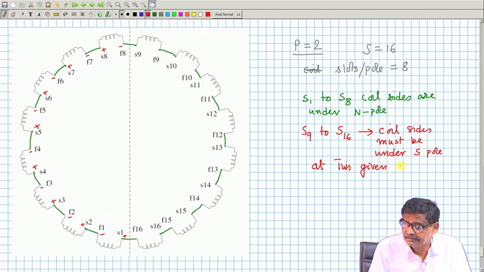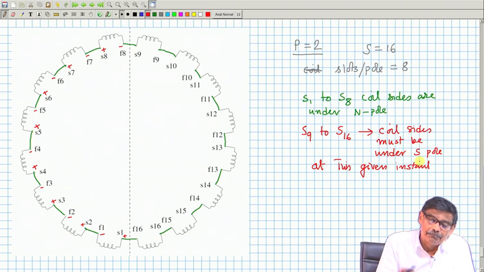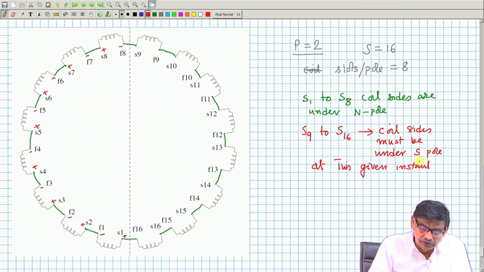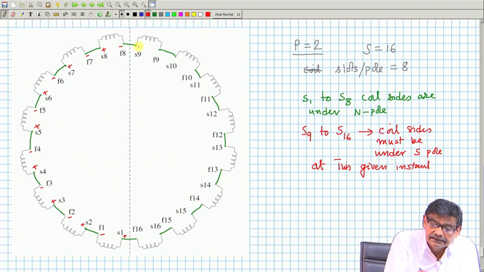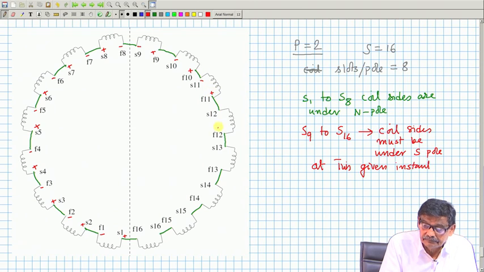See, coils are moving, but on an average 8 coils will be under north pole, S 1, S 2. So, it will be like this. Therefore, S 9 to this one, it will be on opposite polarity. It will be like this.